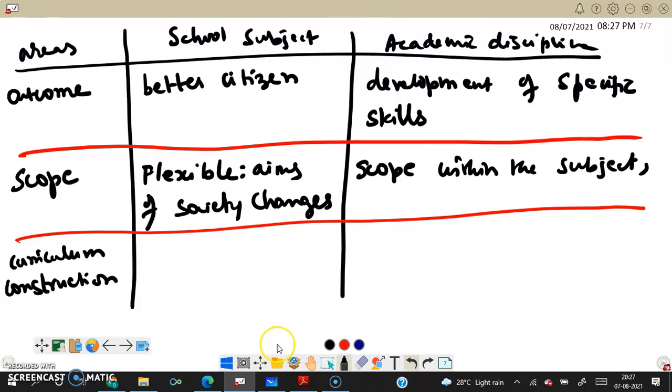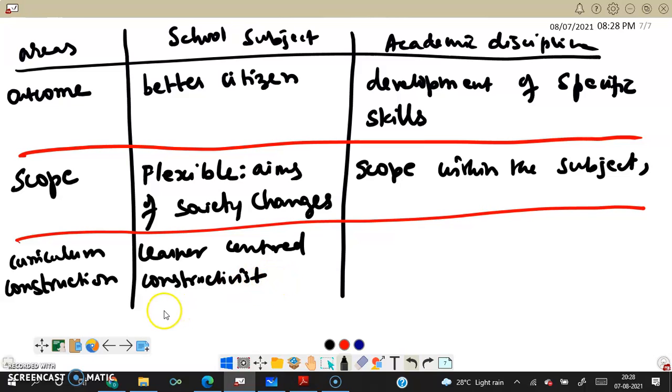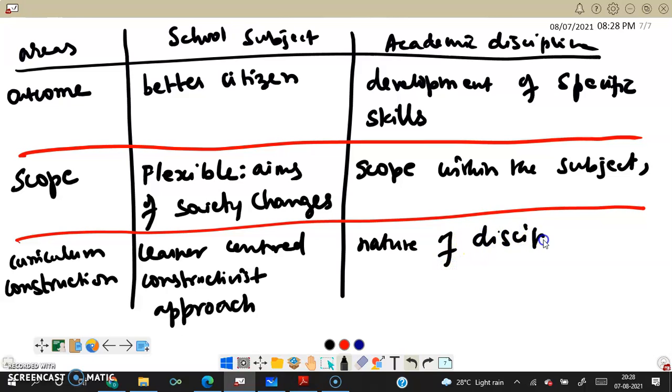In school, the curriculum is constructed with a learner-centered, constructivist approach.